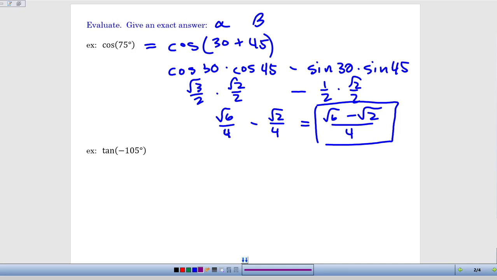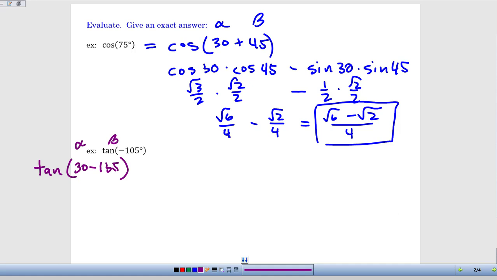And so in the case of negative 105 degrees, it's going to be tangent of 30 minus 135. So again, 30 degrees is a unit circle angle, 135 degrees is a unit circle angle, and so we can use these two as our alpha and our beta in our formula for the tangent of the difference of two angles.